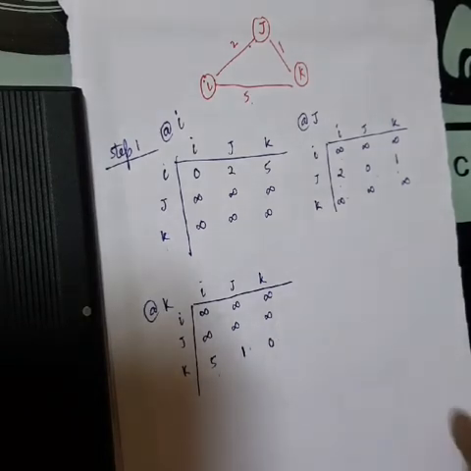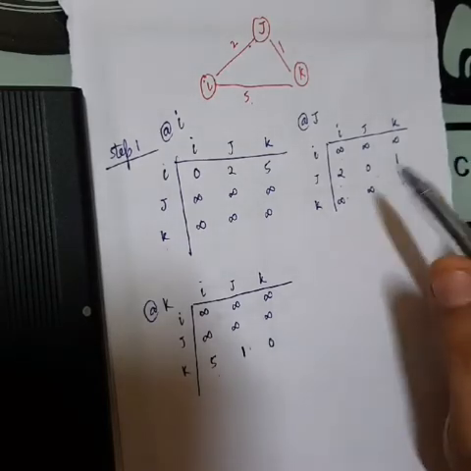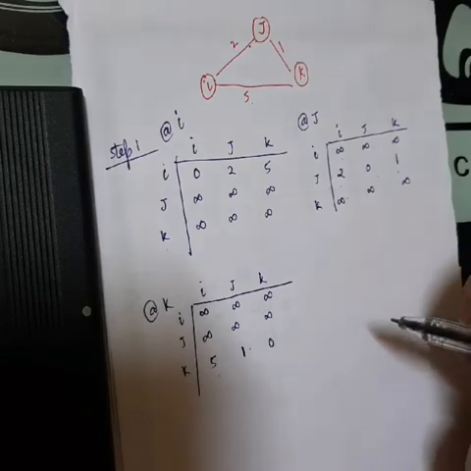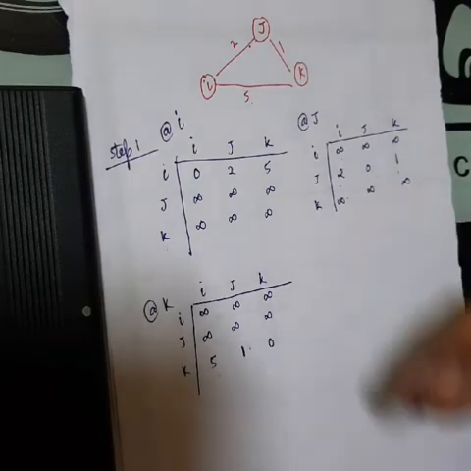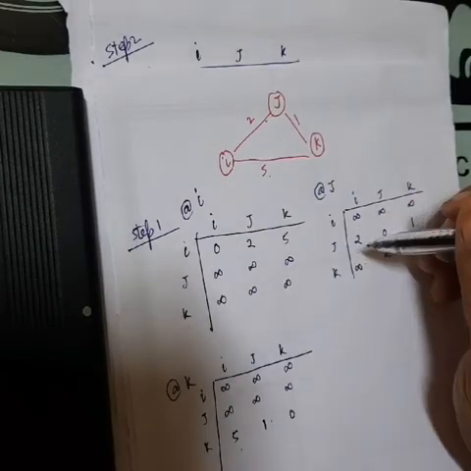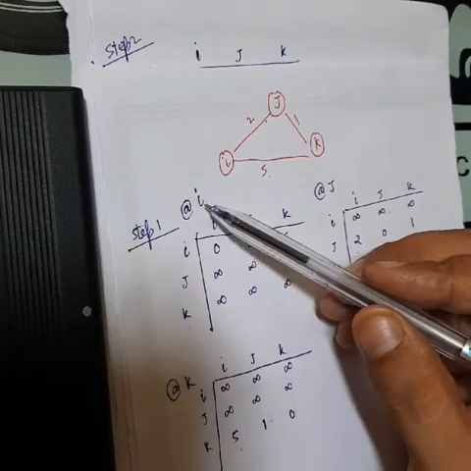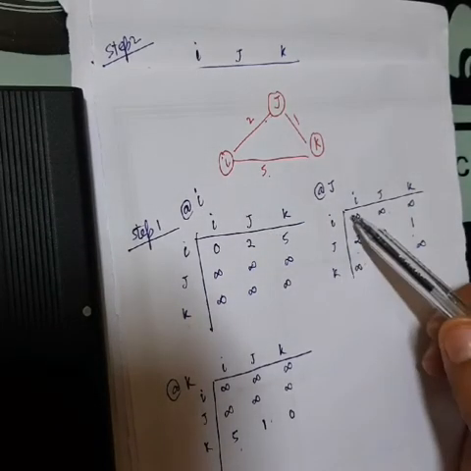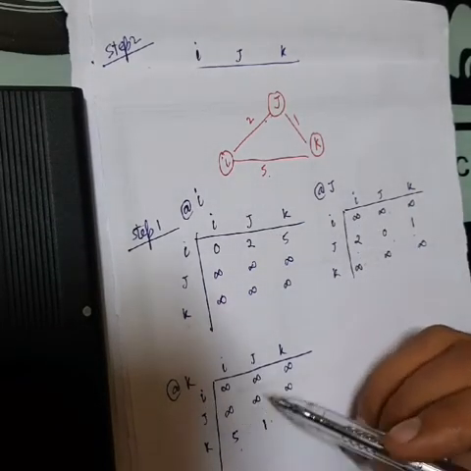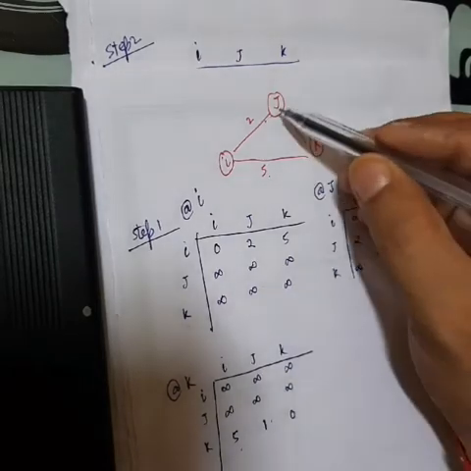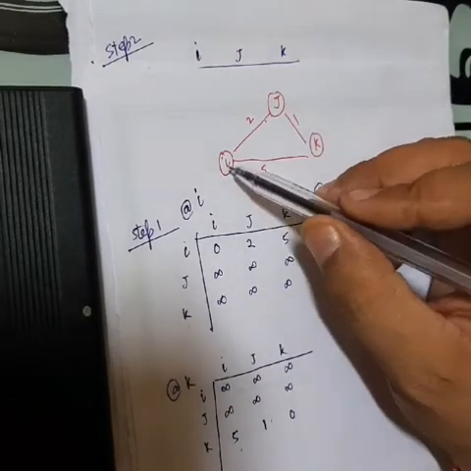Now in the next step we use the Bellman-Ford equation to update this local cost information, but it is done after exchanging information with each other. So in step 2, to calculate the updated local cost at router i, j and k exchange their information with i because j and k are the neighbors of i.